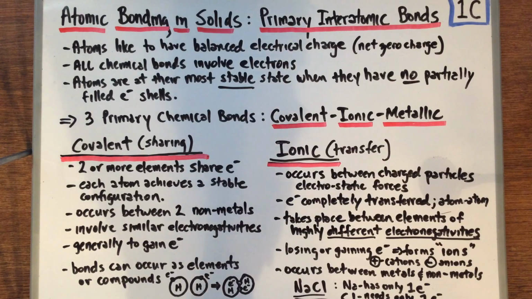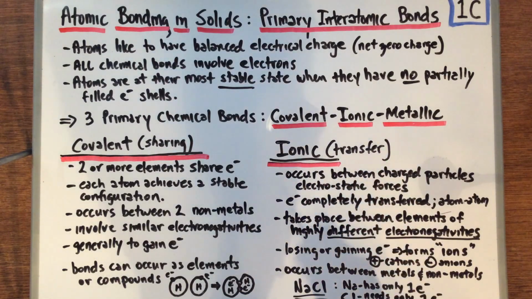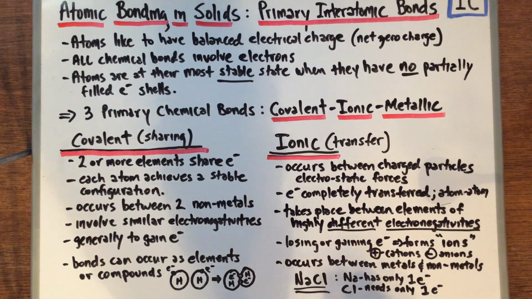Okay. Now, the next type of primary bond is what we call the ionic, and the key word here is transferring. We're actually transferring the electrons on these atoms, and it occurs between two charged particles, which basically invokes the electrostatic forces between negative and positive. In this case, instead of sharing, the electrons are completely transferred from one atom to the other atom.